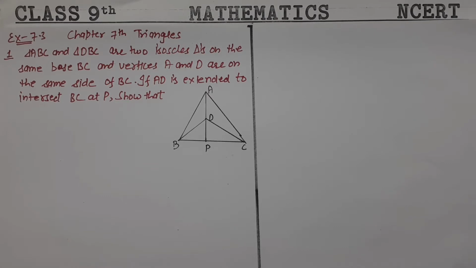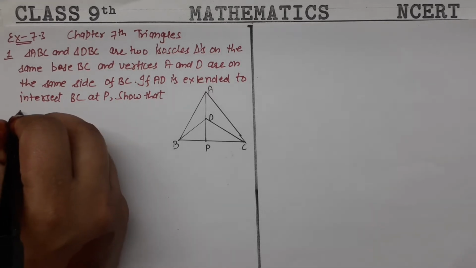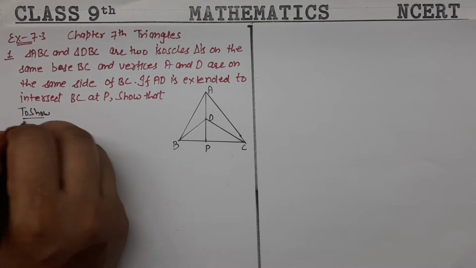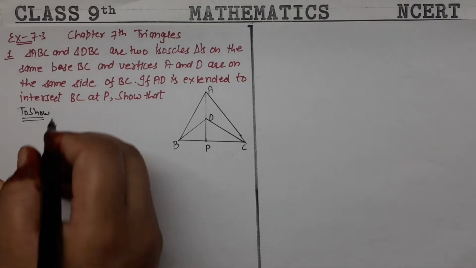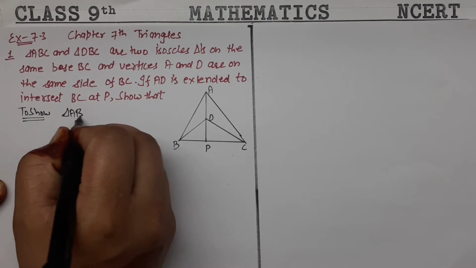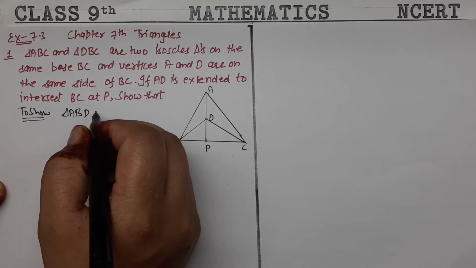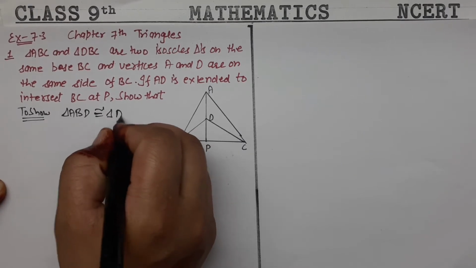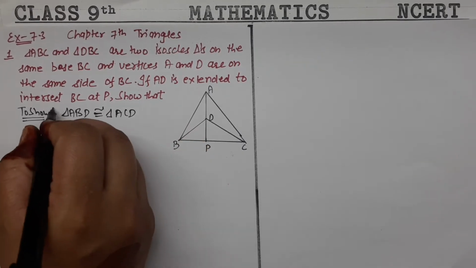We have to show 4 parts. These are: first, triangle ABD is congruent to ACD.